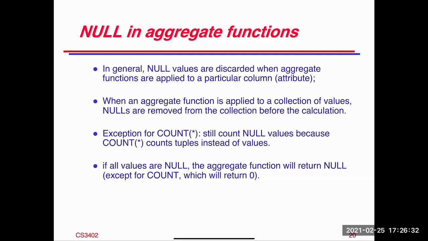Now, it can happen that all values are null for a specific attribute. What if I don't have any salary information listed in my employee table? In that case, what is the sum of the salaries going to give me? Well, it's just going to return null, because there's no other reasonable value that it can return. Again, the exception is count, which will return 0 in that case.